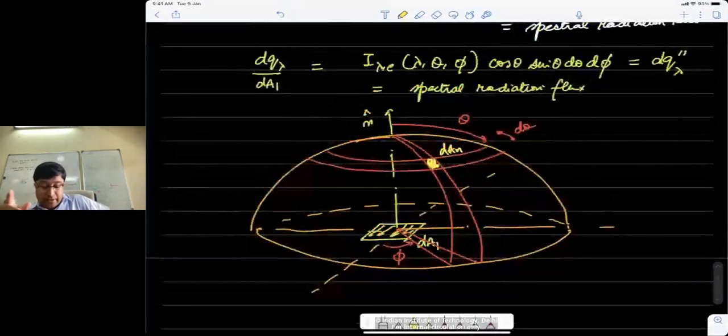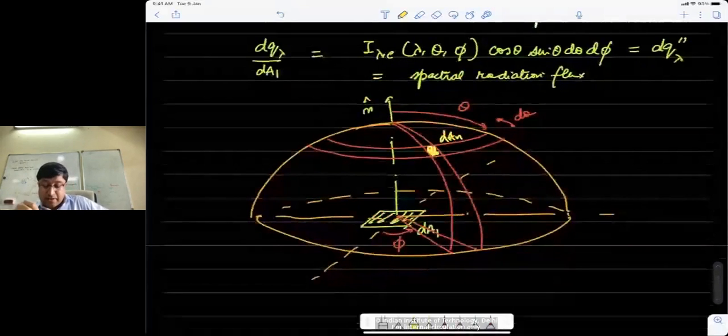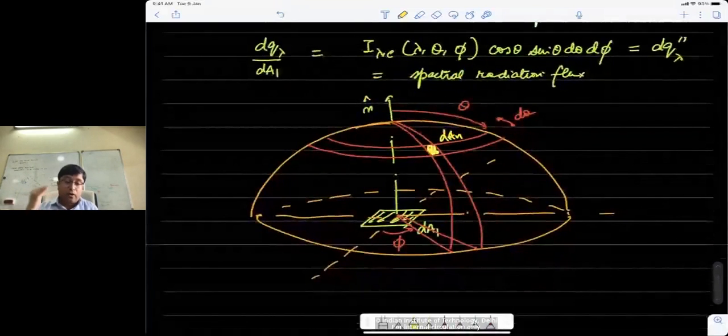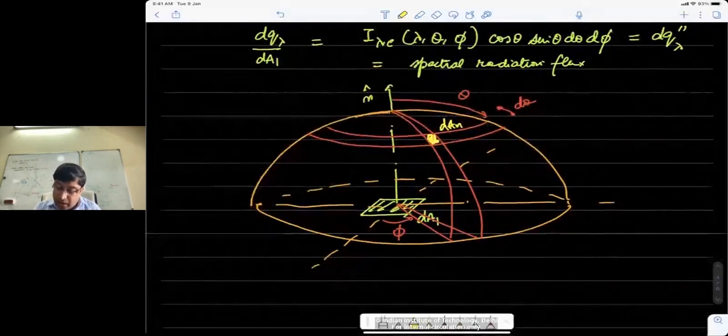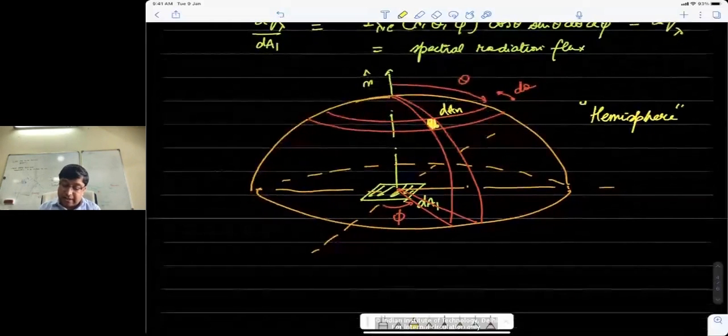And to calculate the total hemispherical flux over this hemisphere, I would integrate over all such areas above the hemisphere. Now, I'm using the term hemisphere again and again. The reason I'm using hemisphere in this problem is because, as I said, radiation is a surface phenomenon.